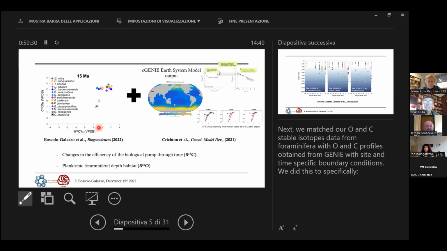So we made this link that this increase in accumulation rates of benthic foraminifera could also be linked to an increase in the efficiency of the biological pump since the middle Miocene. I think we mentioned that in the science paper as well, if I remember correctly. We are working on developing benthic foraminiferal data from the same samples, but we don't have the data yet.